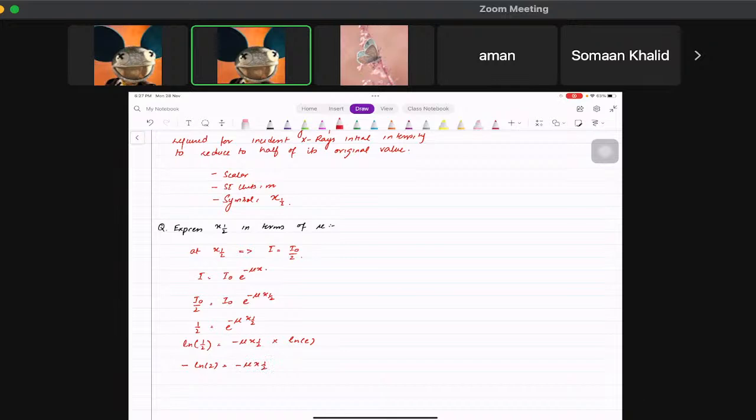So that means that half value thickness equals ln 2 over mu, and that's how you can find the value. And basically it's the same as, you remember, 0.693 over mu. That's almost the same formula as half-life, because it's the same thing with a different value. That's why. All right, is that clear, everybody? Any questions, please let me know.